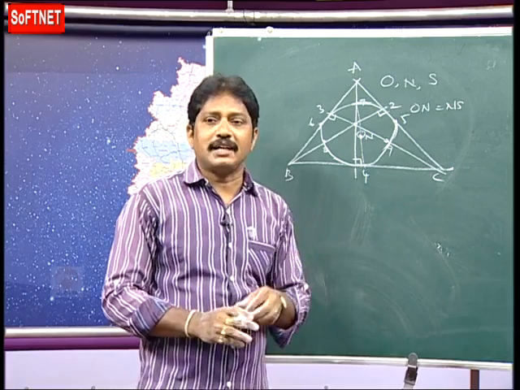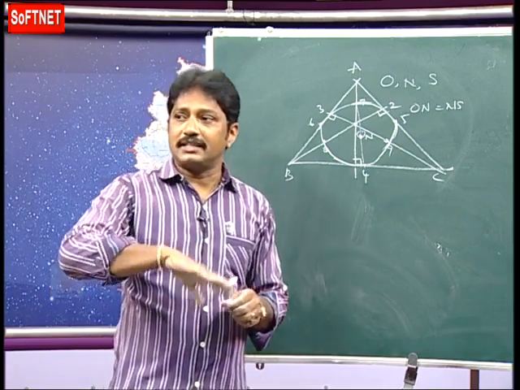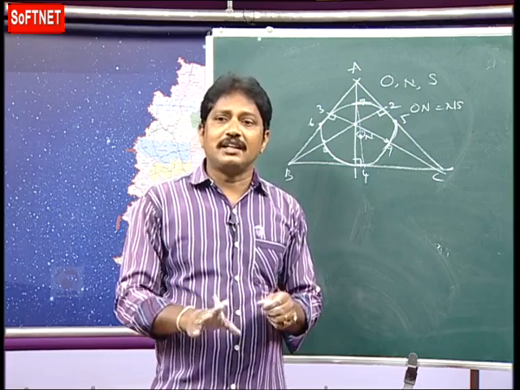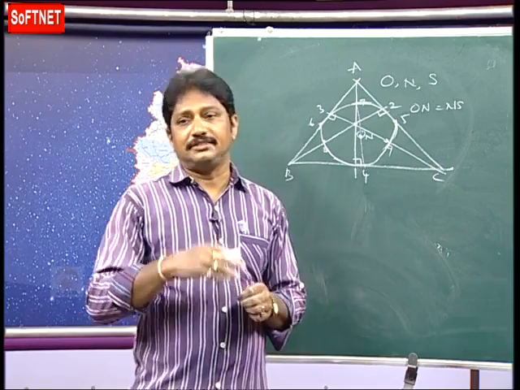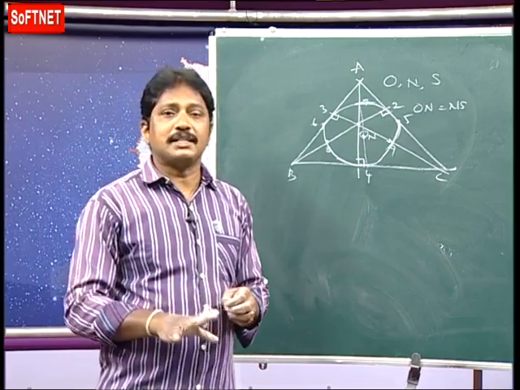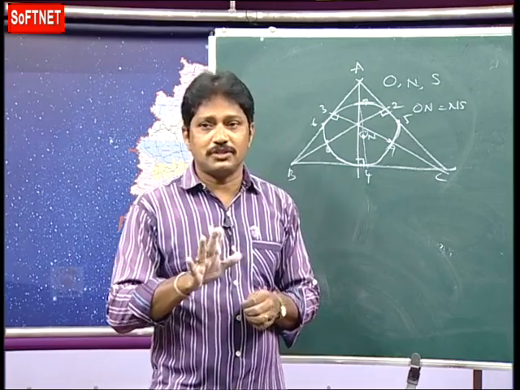And one more important concept: the circumcenter will differ from one kind of triangle to another kind of triangle. Clear? The incenter always lies inside, but the orthocenter differs from one kind of triangle to another, and the circumcenter also differs. This is the most important.